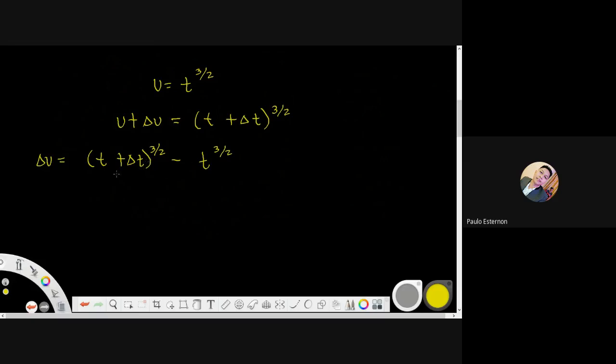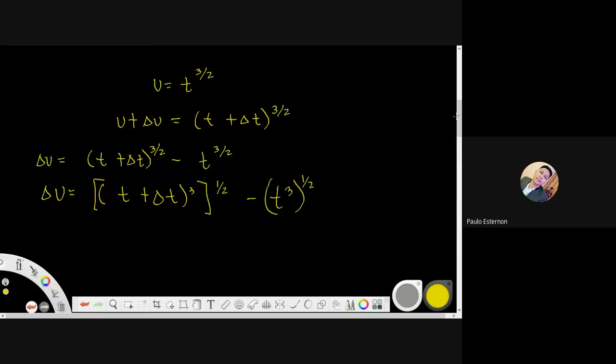Or also we can solve this not by expansion but by rationalizing the exponents. So we can first simplify this. Delta u is equal to t plus delta t, cubed, raised to 1 half, and then minus t cubed also raised to 1 half.